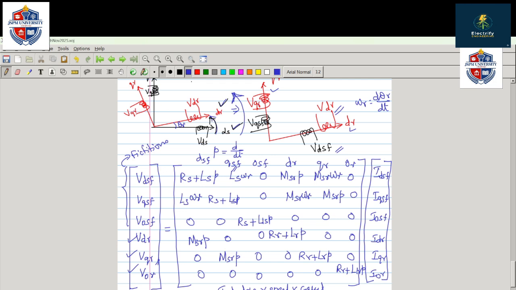Therefore, d is lagging with respect to q. When we move this way, d is lagging with respect to q. Therefore, the speed EMF of d has a minus sign. So here one minus, and this term will be the minus term.